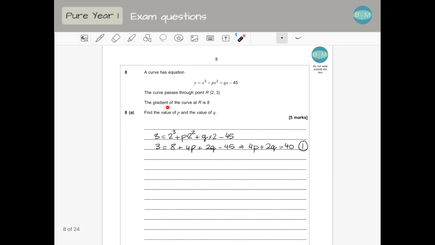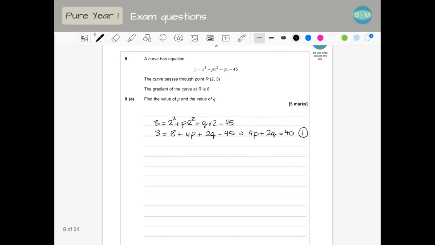Now, if we use the information that the gradient of the curve at R is 8, we are going to get another equation. The gradient is given by the derivative. So the first thing we do is differentiate the function: the 3 to the front and one degree less, the 2 to the front and x to one less, and then plus q and nothing else. We know the gradient at R, so when x is 2, it is 8.